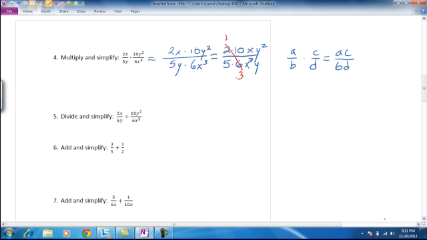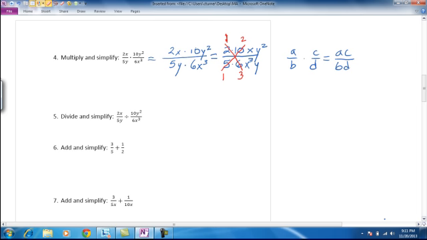So there's a common factor of 2 that I'm canceling out there. 5 and 10 have a common factor of 5. 5 goes into itself once, into the 10 twice. That gets the numeric portion sort of straightened out here.